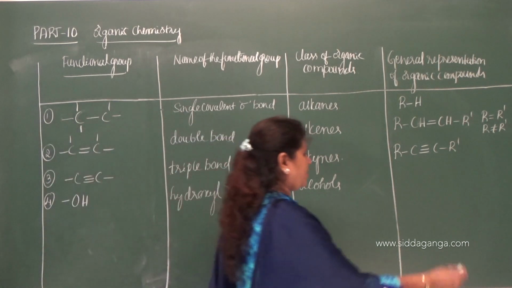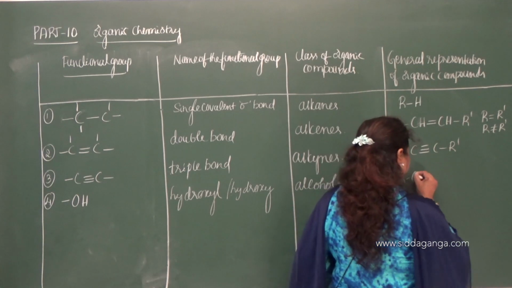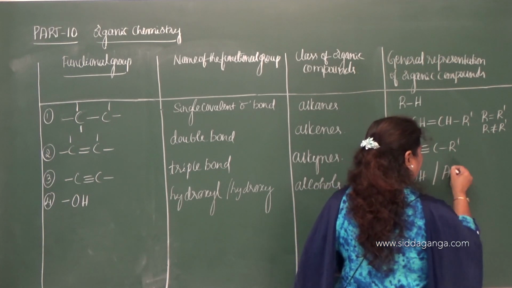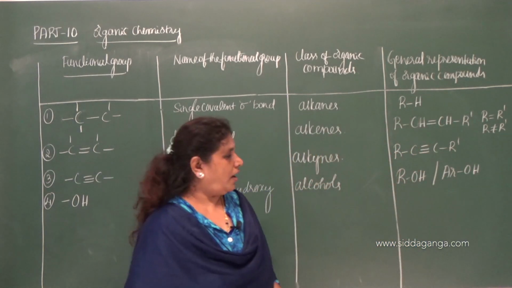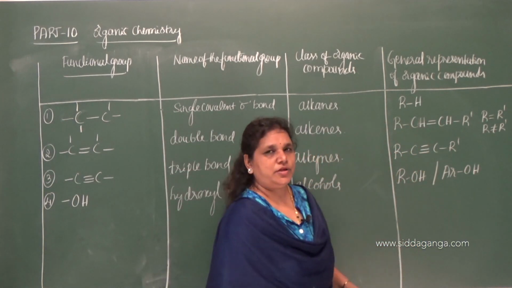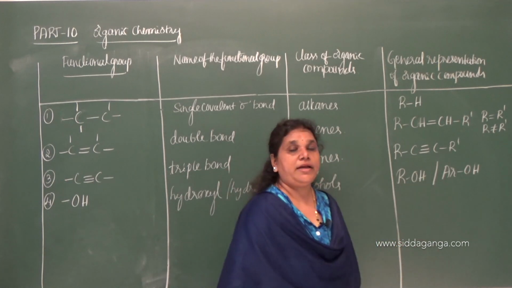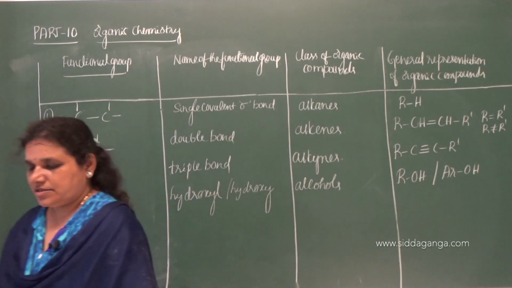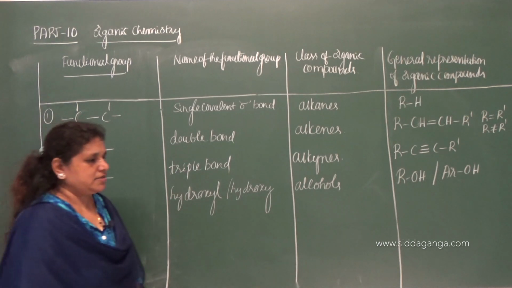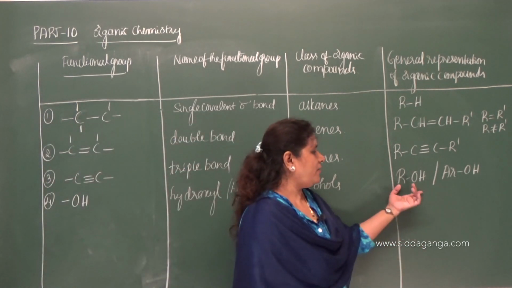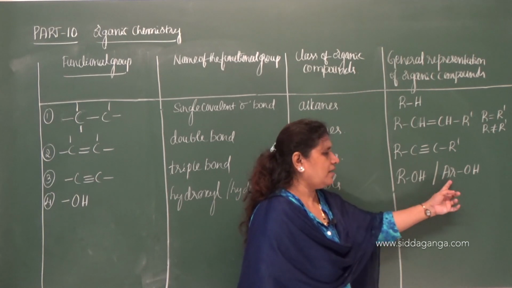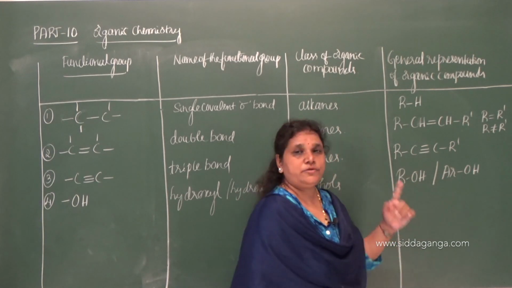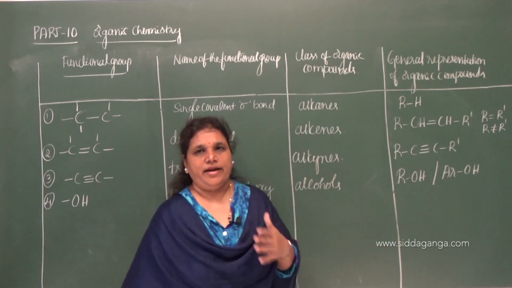Then how to represent? ROH or ArOH. It may be attached to the alkyl group or directly attached to the benzene ring. In the next concepts, you will come to know why we need to represent the compounds like this, alkyl or aryl group, which helps you in writing the general reactions.